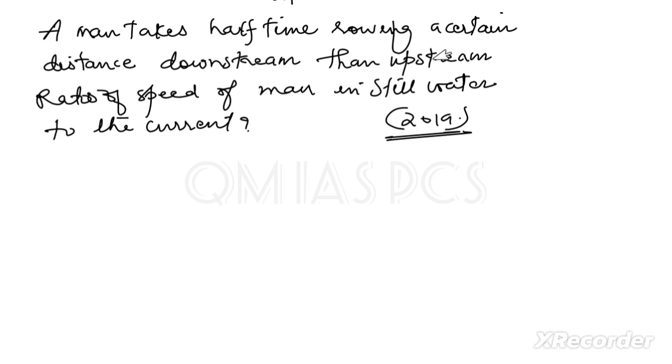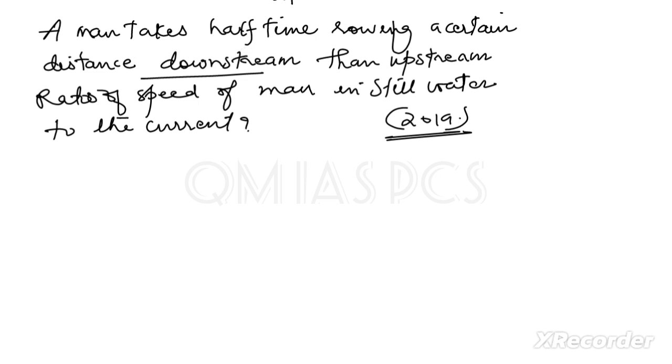Obviously, while going with the stream we will take less time, and while going against the stream we will take more time. So here, when going downstream, we take half the time compared to the upstream time.